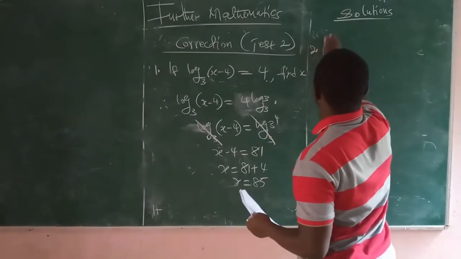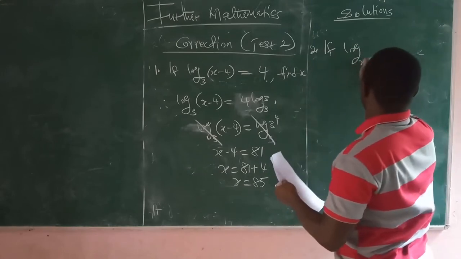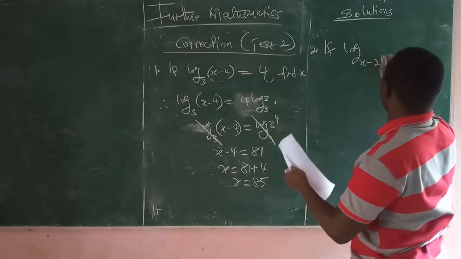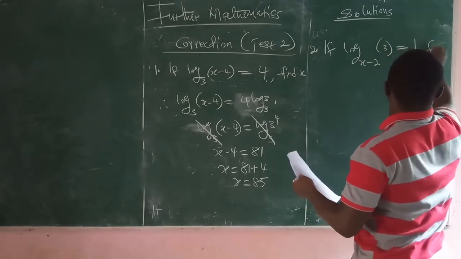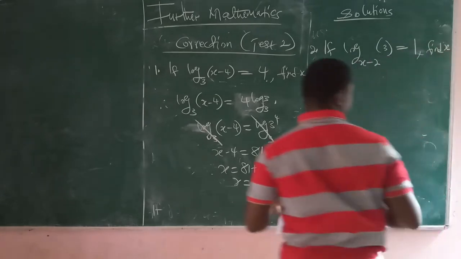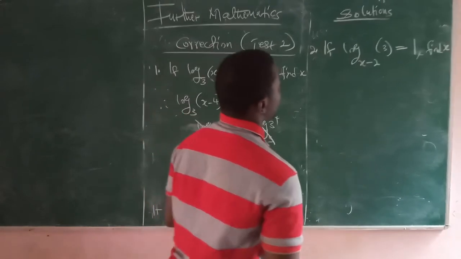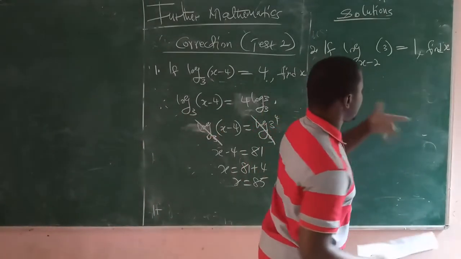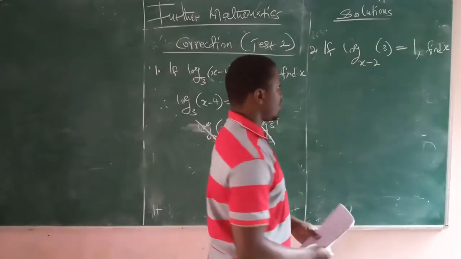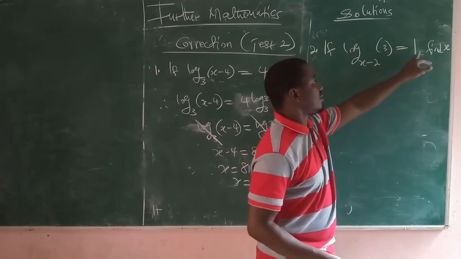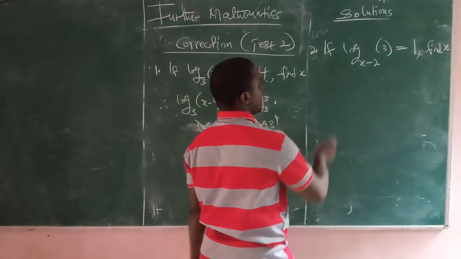If log base x minus 2 of 3 is equal to 1, find x. How do we find x here? I am going to now introduce the log of base x minus 2. Or if you're smart enough, you should know that since the logarithm is equal to 1, then here and here must be equal. Simple. But let's just do it.